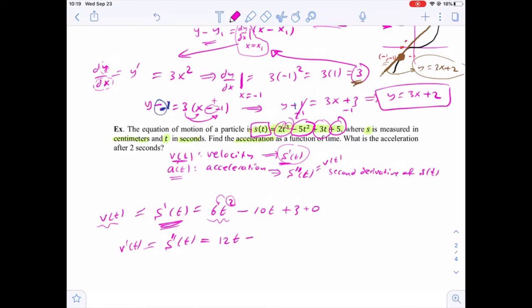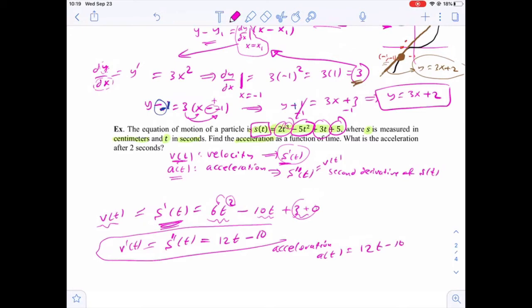So 12t minus 10 times the derivative of t, which is 1, and 3 is constant, so the derivative of a constant is 0. So this is the acceleration. A of t is given by 12t minus 10.